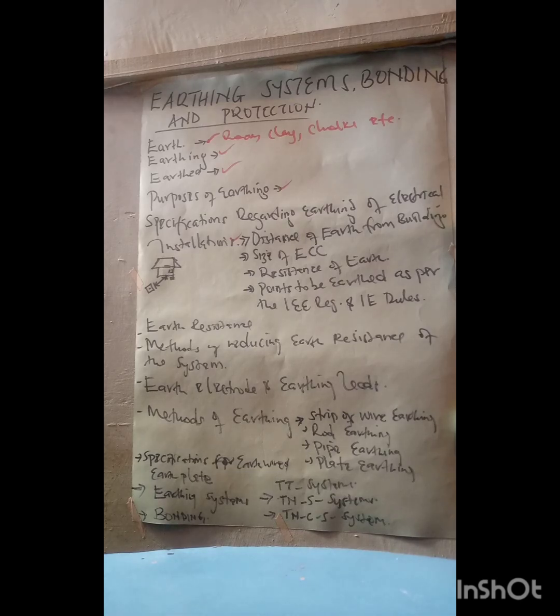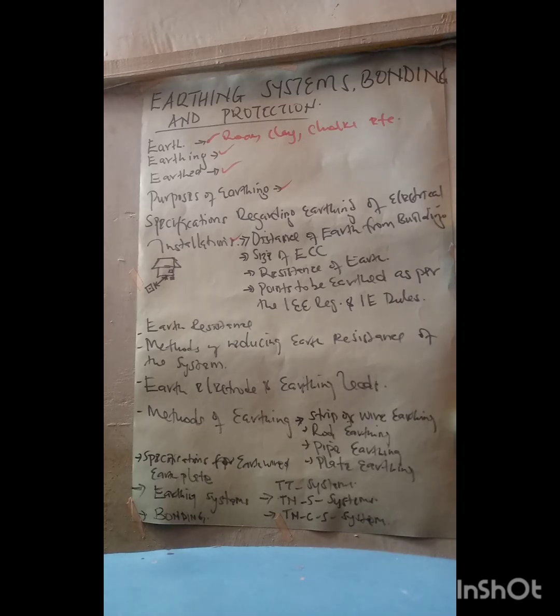Let's look at the size of the earth continuity conductor. The conductor by means of which the metal body of an equipment or appliance is connected to earth is known as the earth continuity conductor, the ECC. The ECC can be ensured either through metal conduit, metal sheathing of metal sheathed cables, or by a special earth continuity conductor.